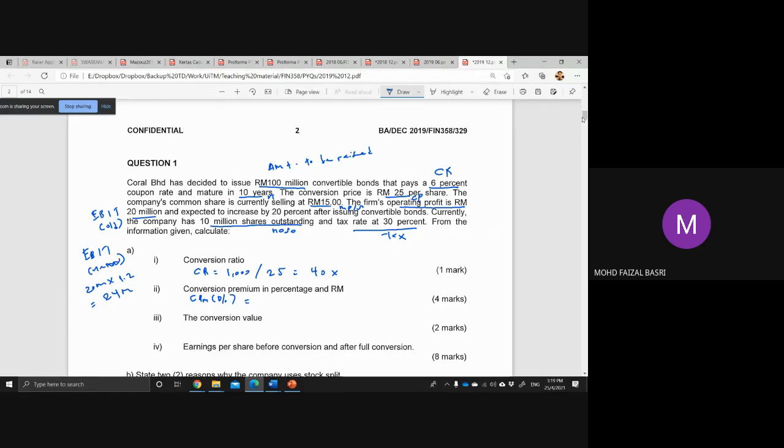So the conversion price is 25 ringgit and the market price is 15 ringgit. Okay, 25 minus 15, divide by 15 ringgit times 100. Then we're going to get conversion premium in percentage. So 10 divided by 15 times 100, it's about 66.7%. This is the conversion premium in percentage.